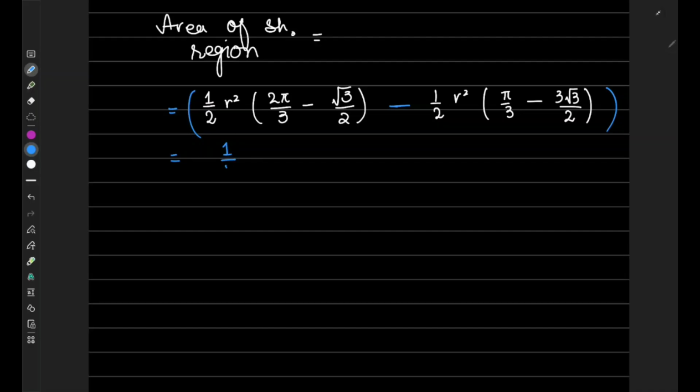Okay, so just simplify this because we need the answer in nearly exact form. So 2 pi over 3 minus root 3 over 2 minus pi over 3 plus 3 root 3 over 2.